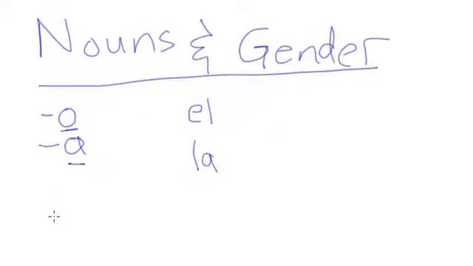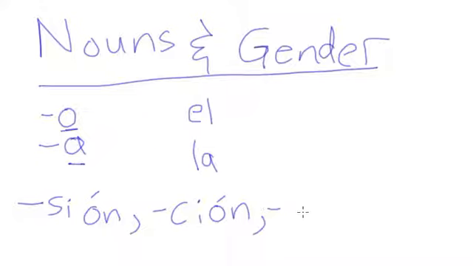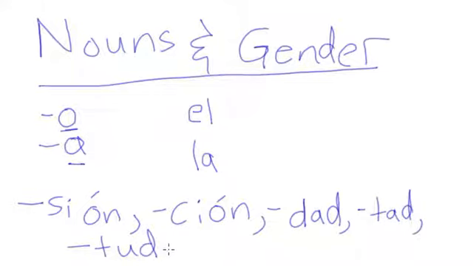One rule you can probably remember is nouns that end in S-I-O-N, or C-I-O-N, or D-A-D, or T-A-D, or T-U-D, or U-M-B-R-E.